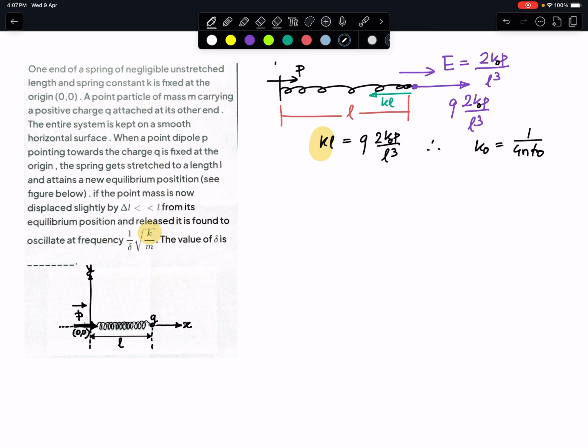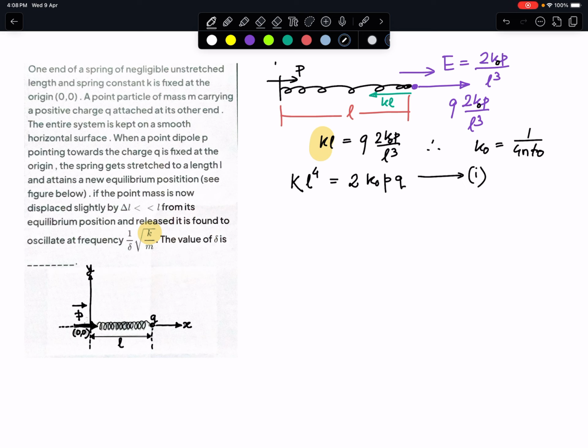So rather than k, for the Coulomb constant I named it K naught. Now we get K, the spring constant, times L to the power 4 is twice K naught, the Coulomb constant, P into Q. Let's make it equation 1.